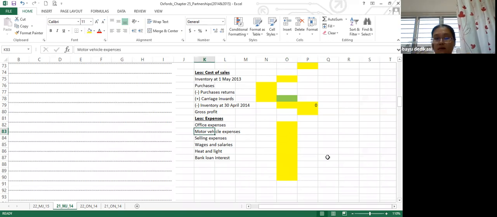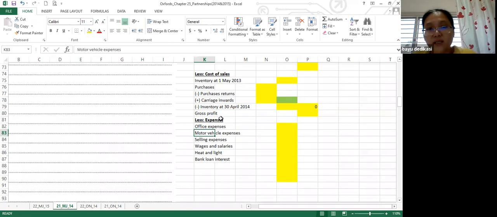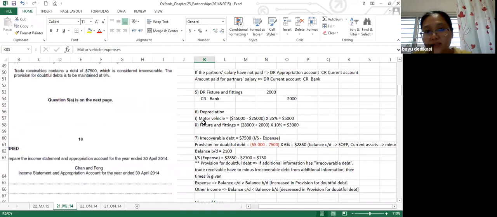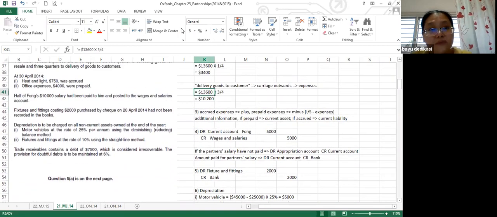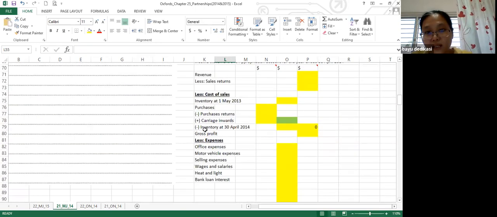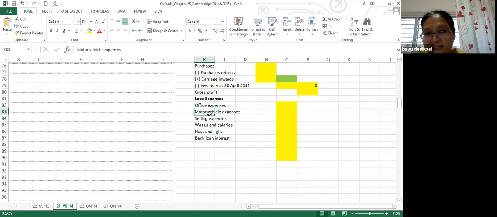But for my working, for example this motor vehicle, this motor vehicle basically has an adjustment. Where is the adjustment just now? This one. Okay. Because in the exam, you don't have the time to do separate working, all your working you put behind the detail.